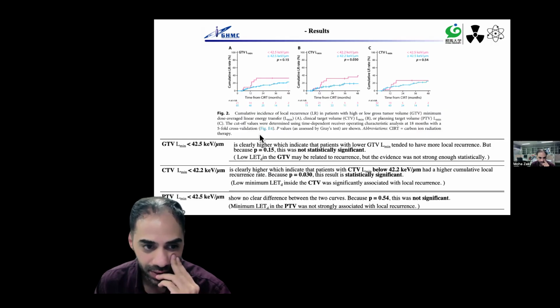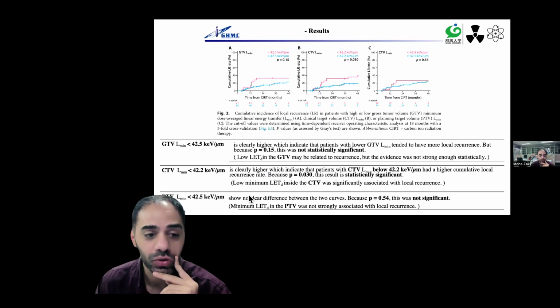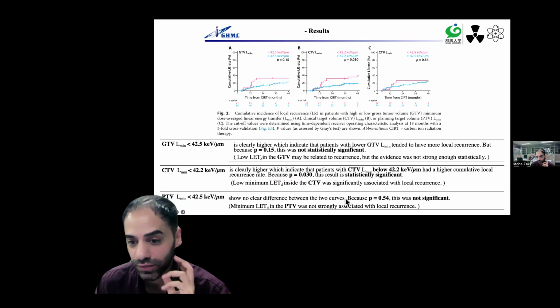Whereas for the BTV, the pink line shows no clear difference between the two curves.